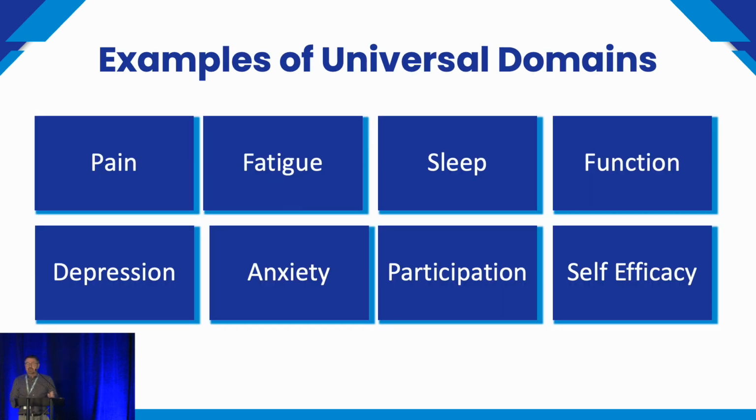So here are some of the examples: pain, fatigue, sleep, physical function, depression, anxiety, social participation, self-efficacy. So imagine, if you will, that we have a common definition that each group would be able to use and tap into to describe that concept of interest.